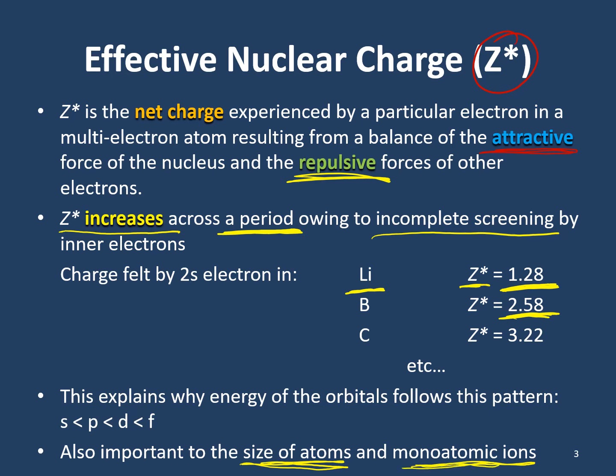But it also influences why our orbitals have the energy differences that we talked about in Chapter 7, with s being the lowest energy orbital and f being the highest energy orbital. The effective nuclear charge plays a role in those energy differences, but again, that's not something I'm going to cover. If you're more interested, you can always read about it.